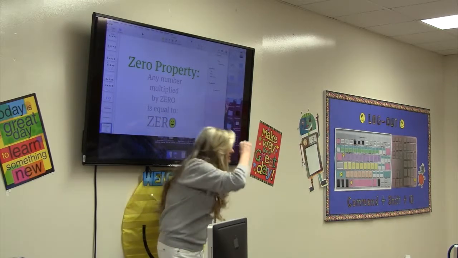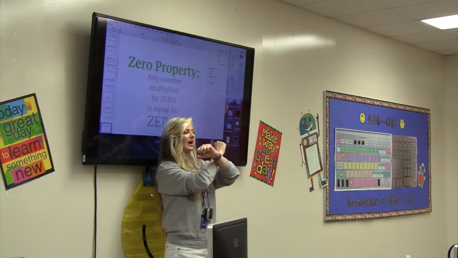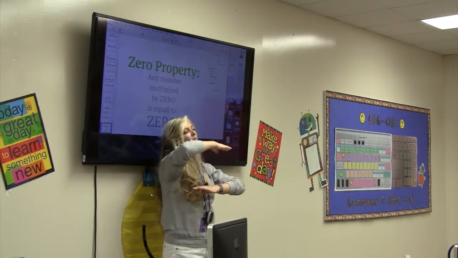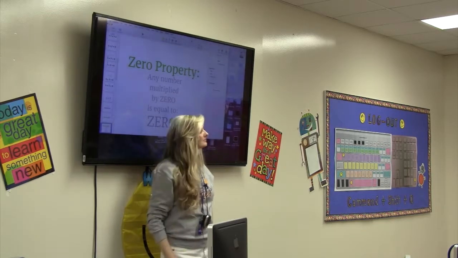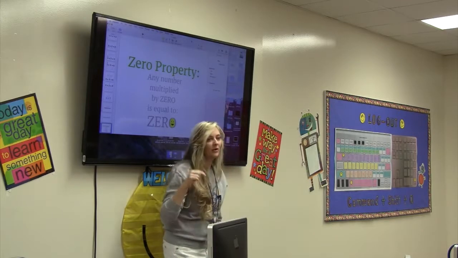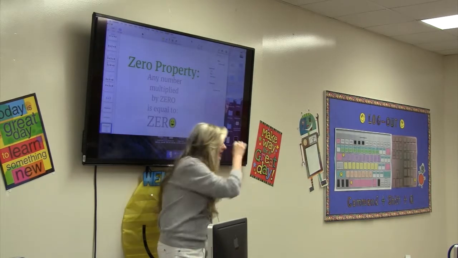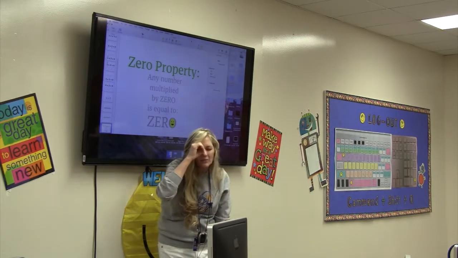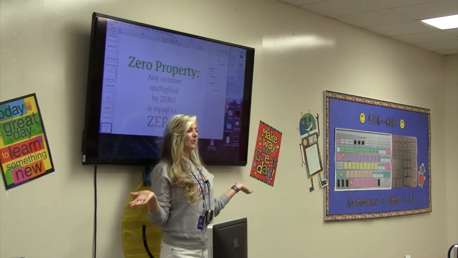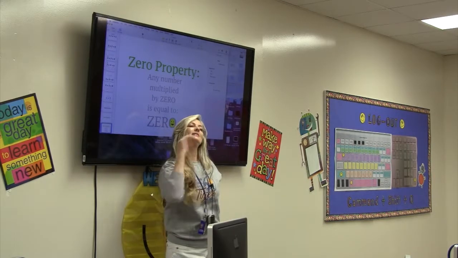Zero property means any number multiplied by 0 is equal to 0. Excellent. One last time, and make sure you say this part first because that's the whole sentence and your brain needs to remember the whole thing. Zero property means any number multiplied by 0 is equal to 0.